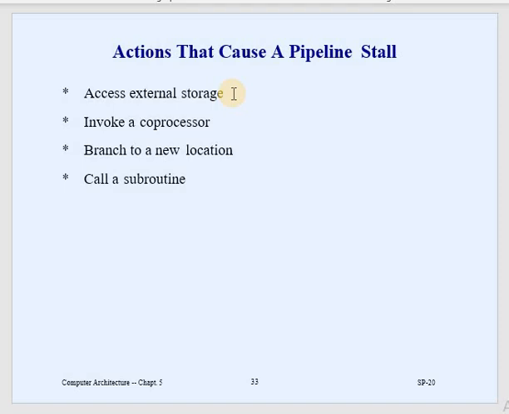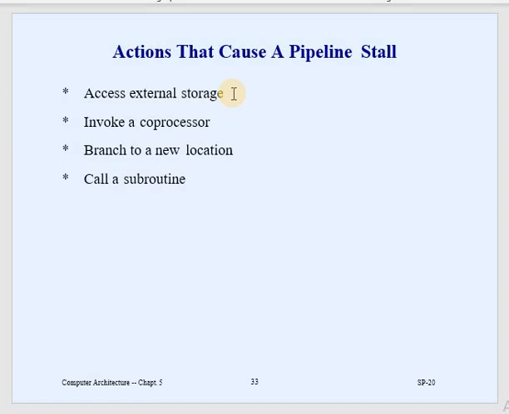This was the first reason, and the second reason is invoking a coprocessor. As we had discussed in chapter number 4, the processor has to play the role of a coprocessor also, and the coprocessor always works under the supervision of the main processor.